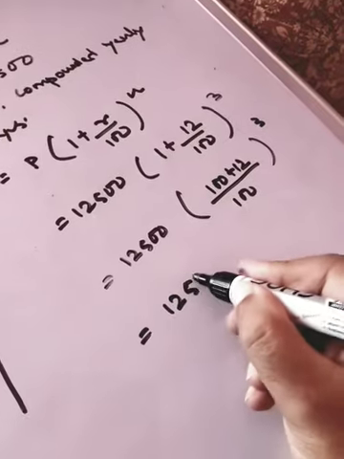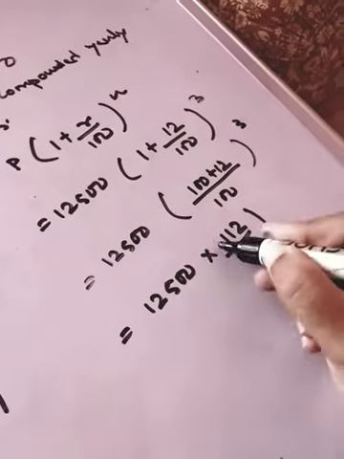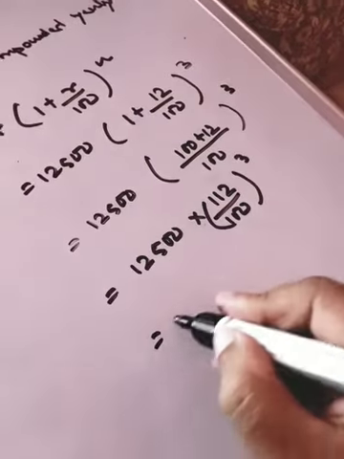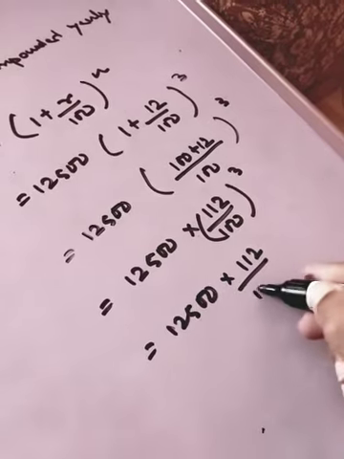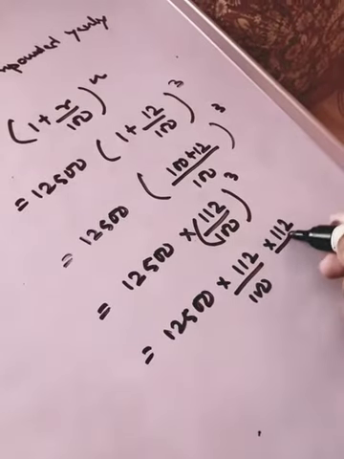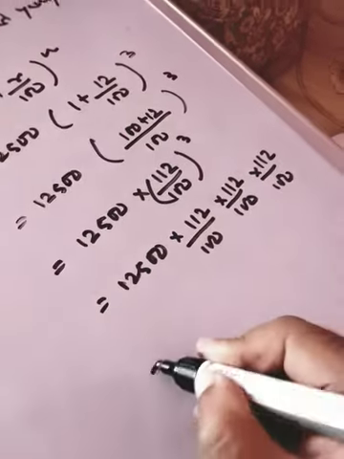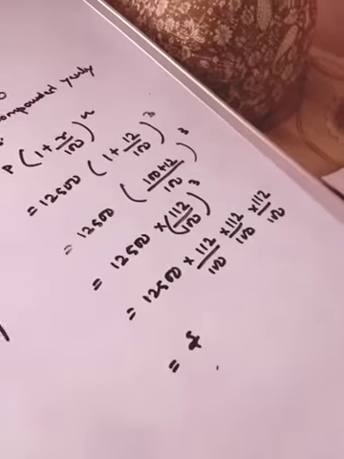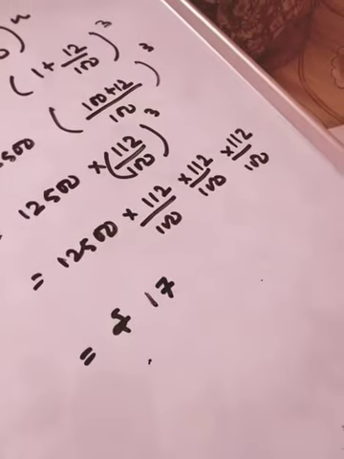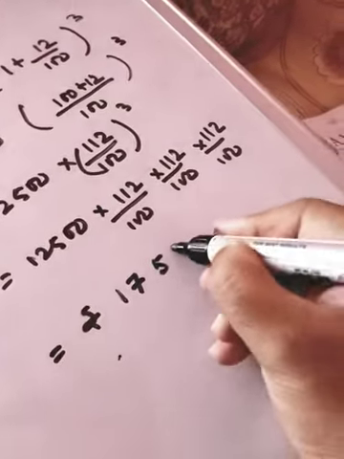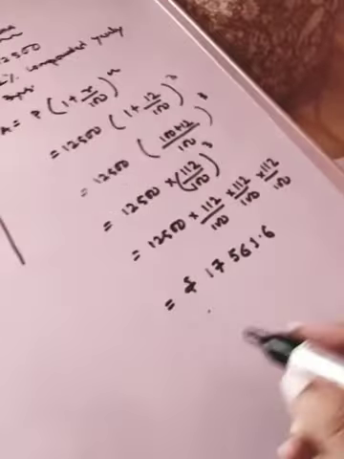So 12,500 into 112 by 100 to the power 3, isn't it? So 12,500 into 112 by 100 into 112 by 100 into 112 by 100. So after solving, you will get the amount as 17561.6. So this is your amount.